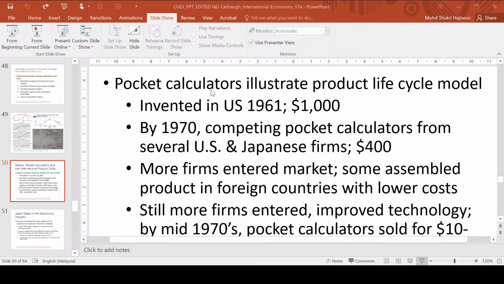Now, government regulations also affect comparative advantage. Workplace safety, product safety, clean environment: you must have all this, and that will increase cost for a company.